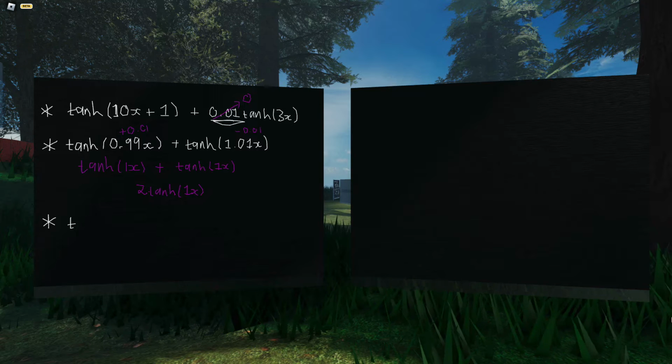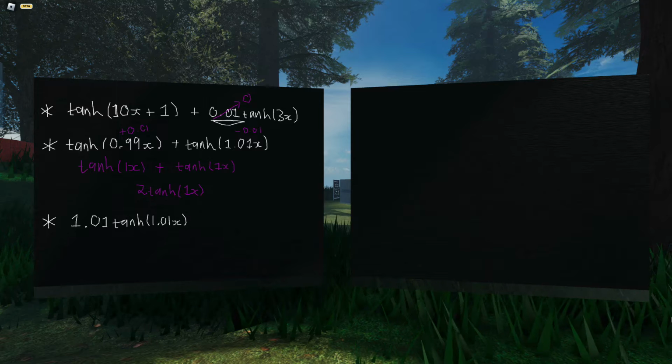Let me do this one a little bit more subtle, but this will make an important point: 1.01 tanh of 1.01x plus 0.99 tanh of negative 0.99x.